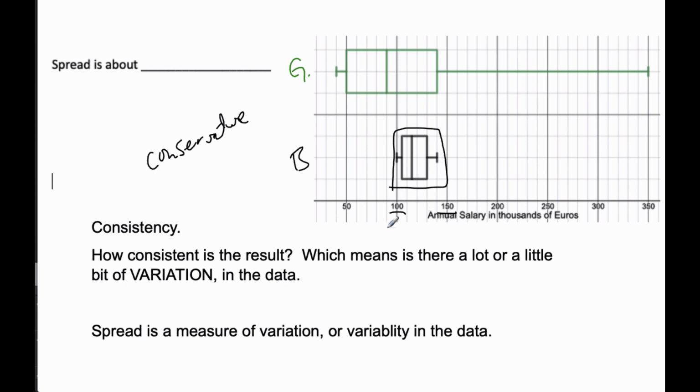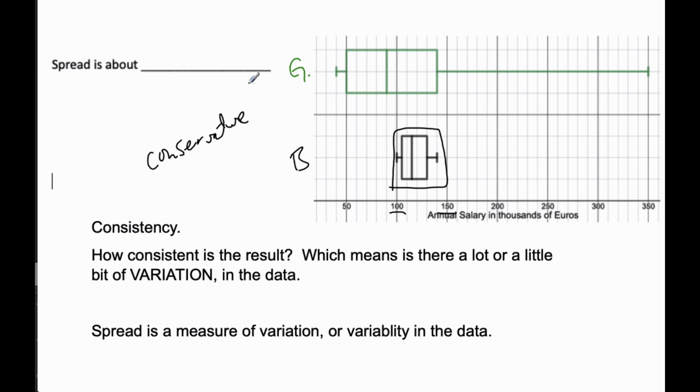And it doesn't matter what job you get, you're probably going to get about the same salary if you work for the black company because they're all relatively the same. There's very little variation. It's consistent. The salaries are very consistent.